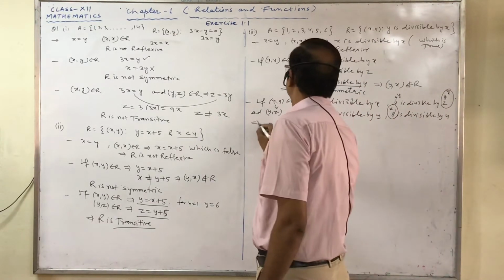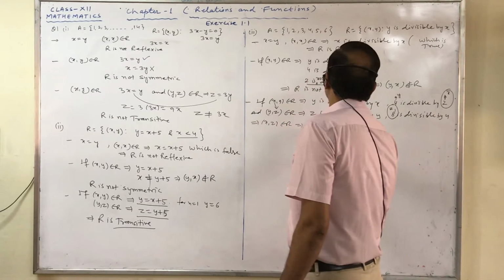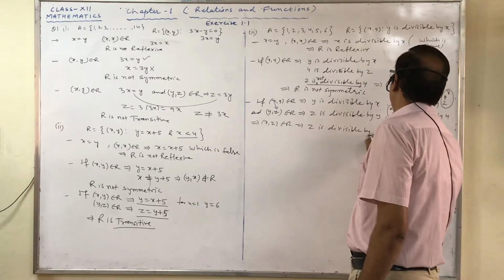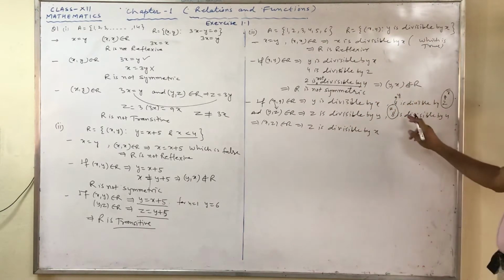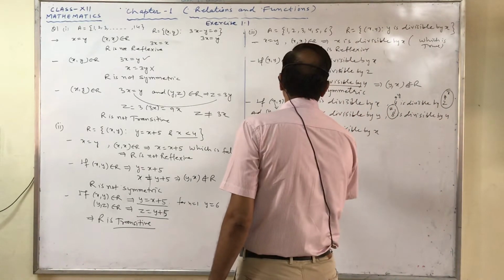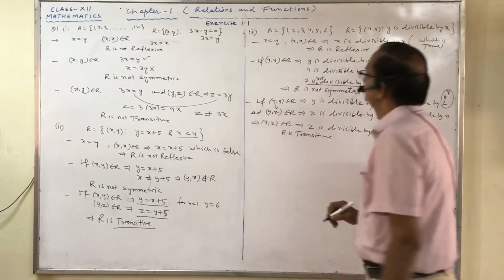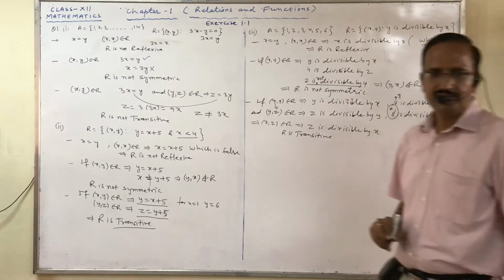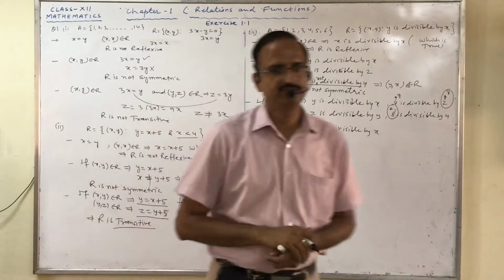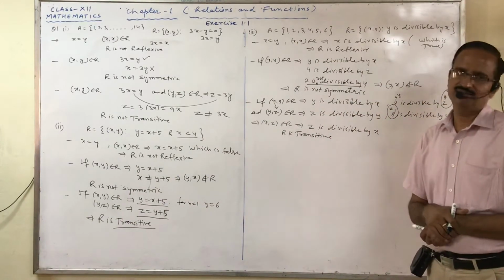So this implies that xz belongs to R. This implies that z is divisible by x. From this example it is clear. So R is transitive. So in this case, R is what? Reflexive and transitive, but not symmetric.